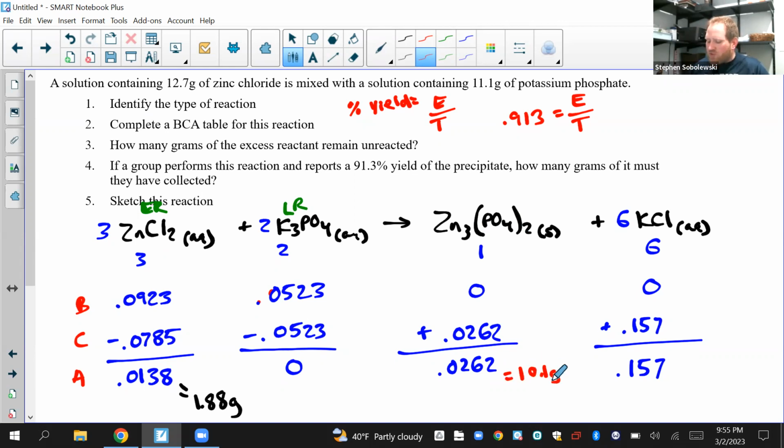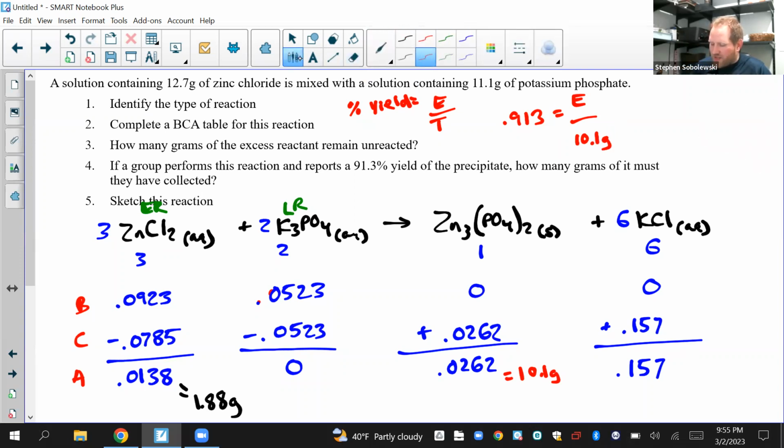So that's how much is supposed to form. That's the theoretical yield. So let's erase the T and put 10.1 grams. So now we're just solving for E, the experimental.